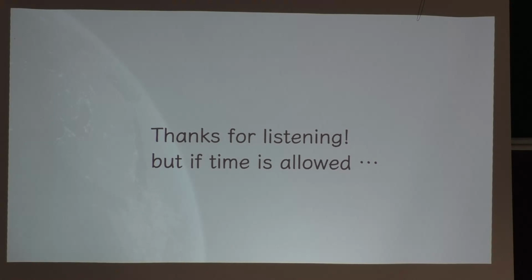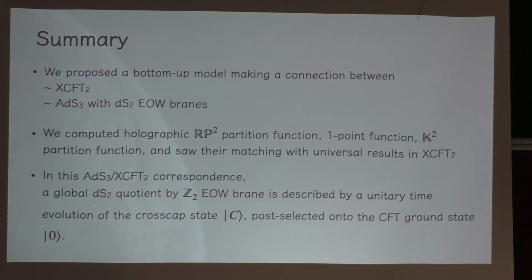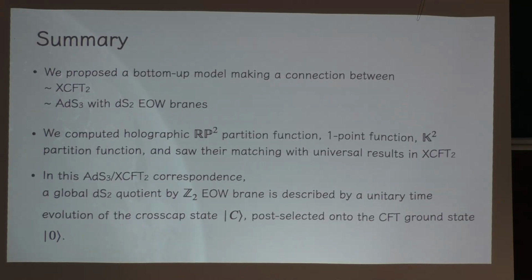Are there any top-down constructions of any of these things now that this is a good model? Not yet. I hope there could be something. I made a slight comment here.